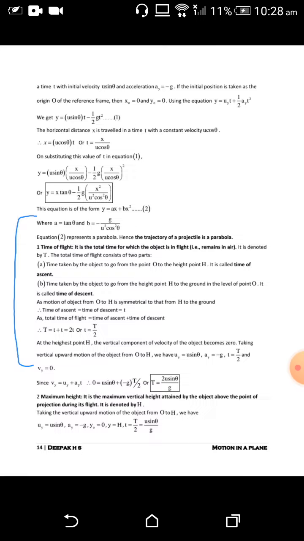Okay, so the expression for that comes out by taking the vertical upward motion of the object from O to H. We have, as you know, u subscript y is equal to u sine theta, a subscript y is equal to minus g, y naught comes out to be 0, and y is equal to capital H. See, y naught is equal to 0.